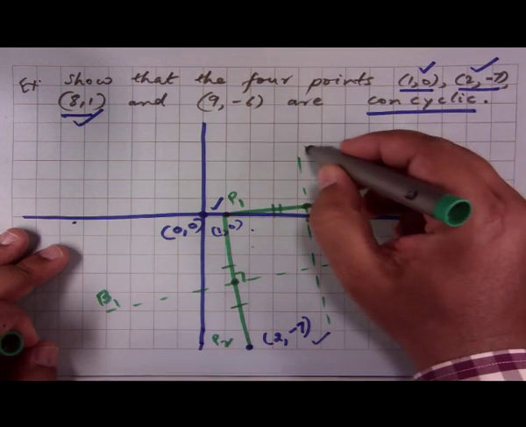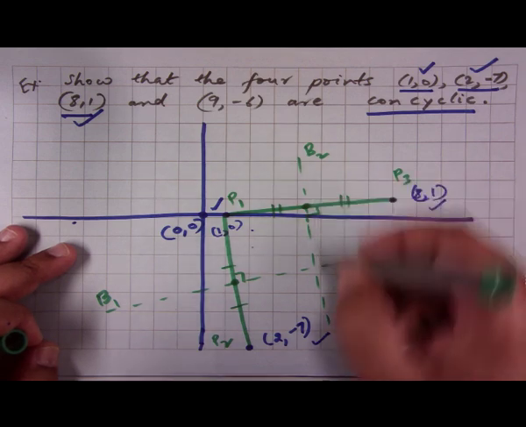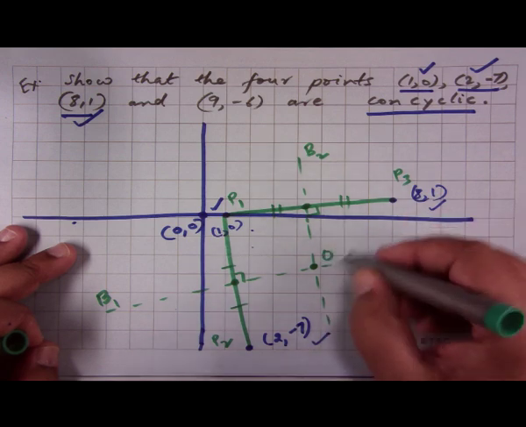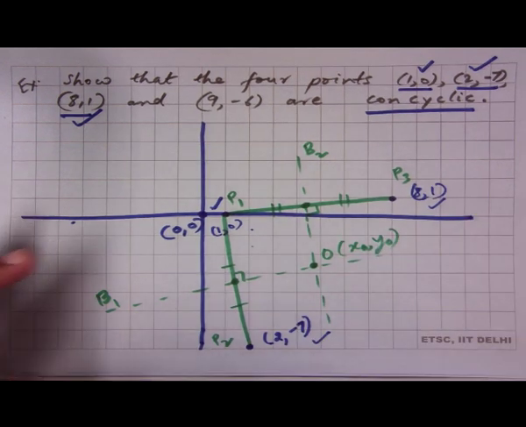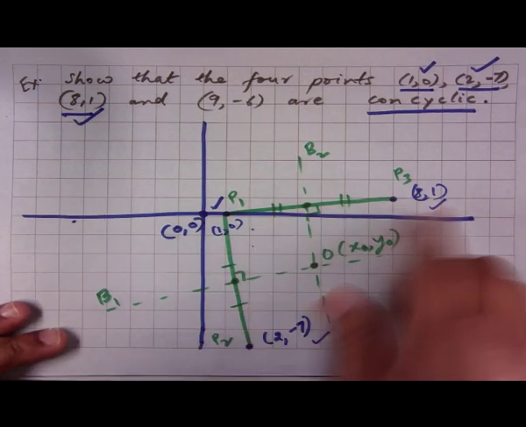Let us say bisector B1 and bisector B2, and then we will see where they intersect. So, this point of intersection will be the center (x0, y0) of the circle which passes through P1, P2 and P3.